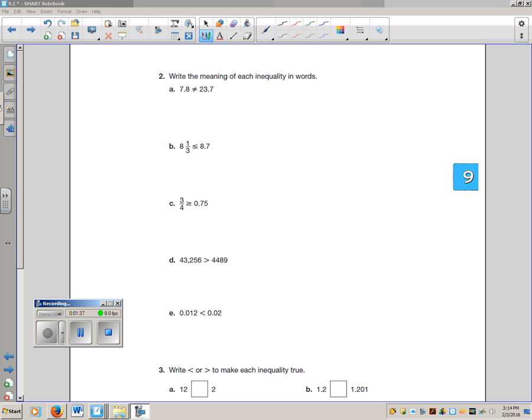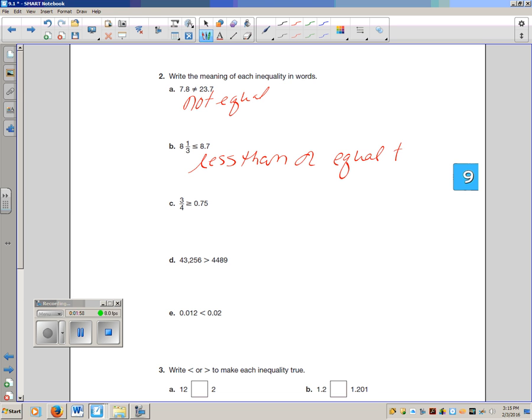Page 607. Write the meaning of each inequality. 7 8/10 is not equal. You don't have to write the words or the numbers. 8 1/3 is less than or equal to.